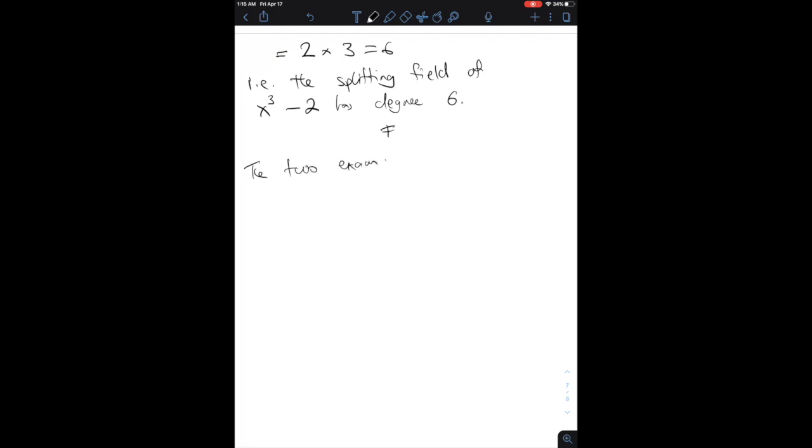Okay, so, well, what could we hopefully guess from the examples above?